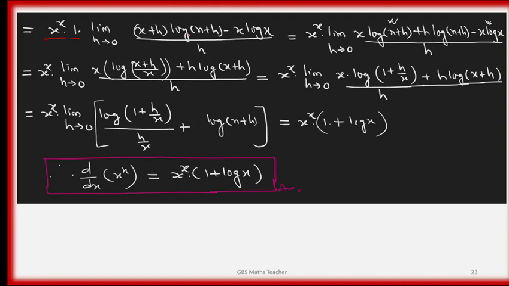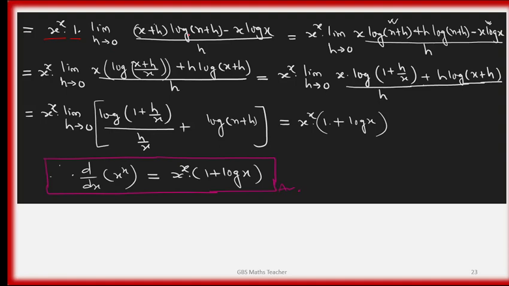Then moving to the next step, x to the power x stays as it is, limit as h tends to 0 of x log(x+h) minus x log x. x is common, and log a minus log b is log a by b, so x log((x+h)/x).